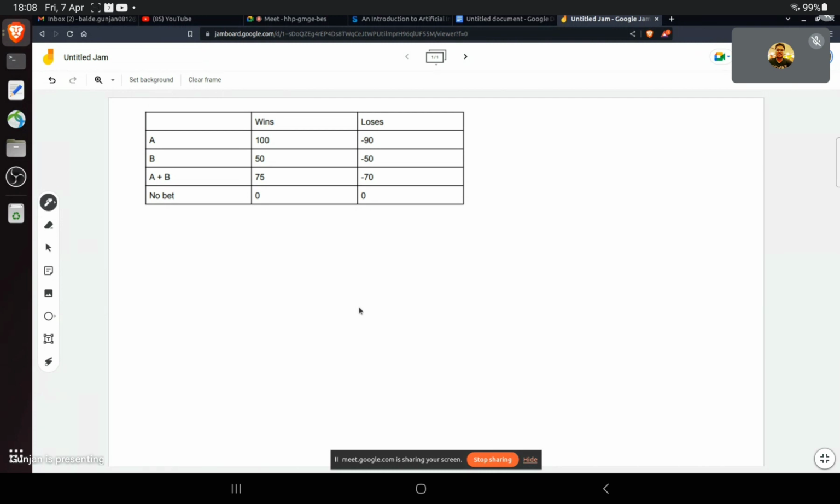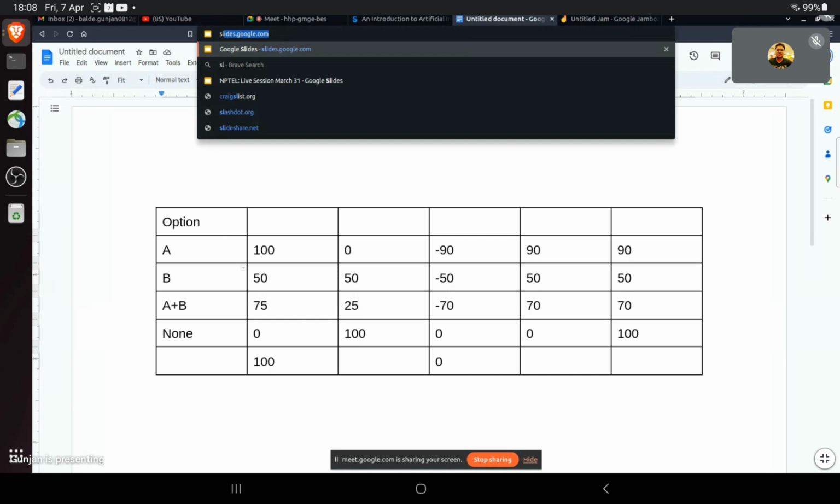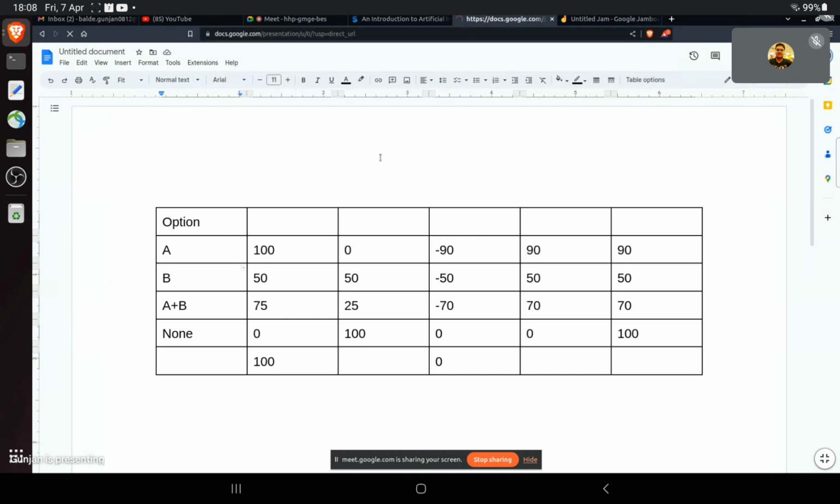Okay, so how will you do that? First we are given that alpha is... Let me also pull up the slides so that we can switch back and forth.